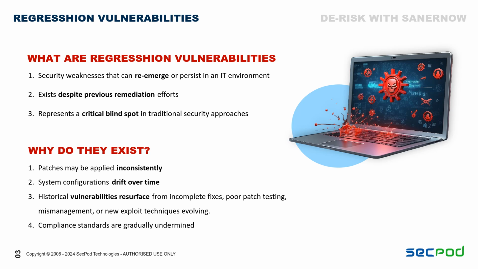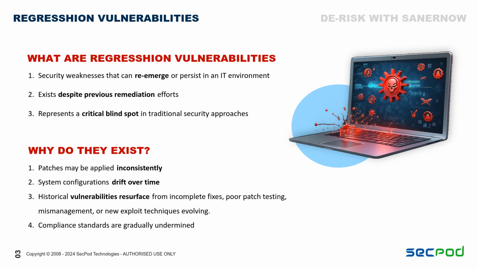They thrive in environments where patches might be inconsistent, configurations tend to drift over time, or where the security process lacks automation and rigor. This can severely undermine your compliance posture over time.